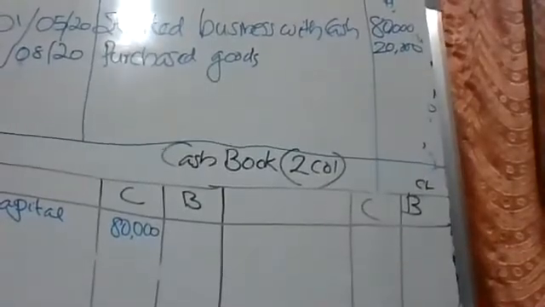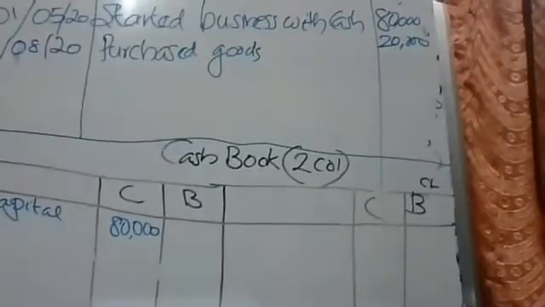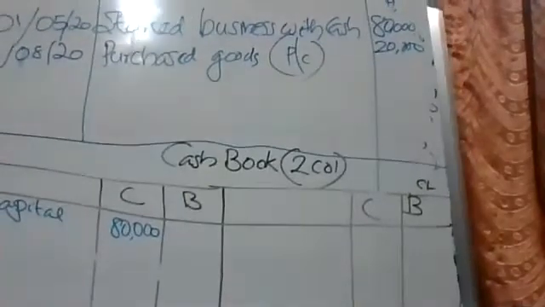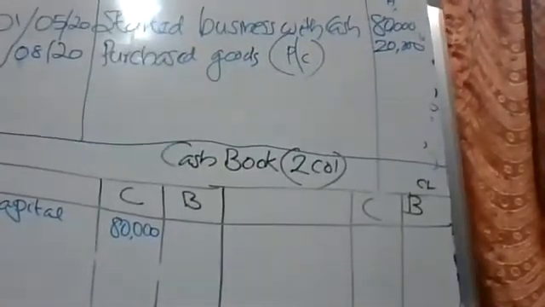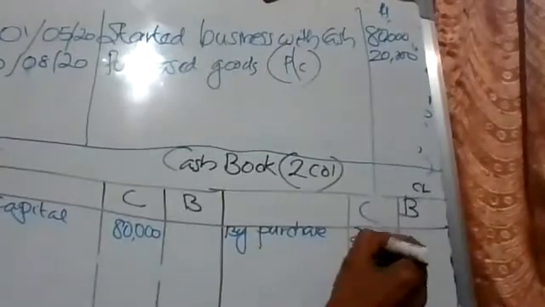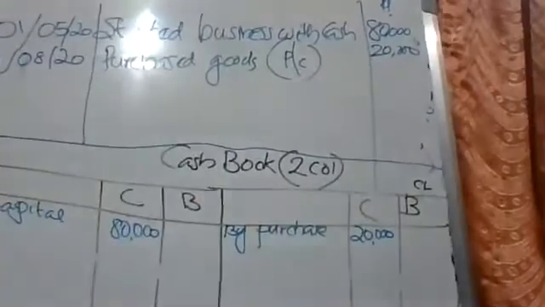Simply purchased goods means purchase account debit to cash account. How the entry will appear in cash book? Sir, in the cash account, by purchase rupees 20,000. Which column? Cash column or bank column? Credit column, sir. In the cash column, sir. Correct.